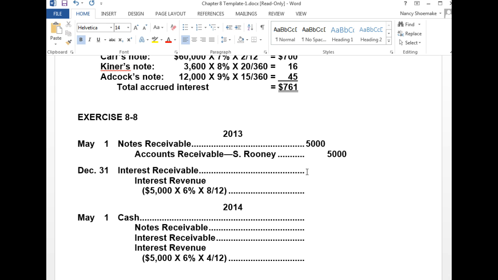Anyone? $225? Close. What's 5,000 times 6%? $300. What's... it's 200. 200's the answer.